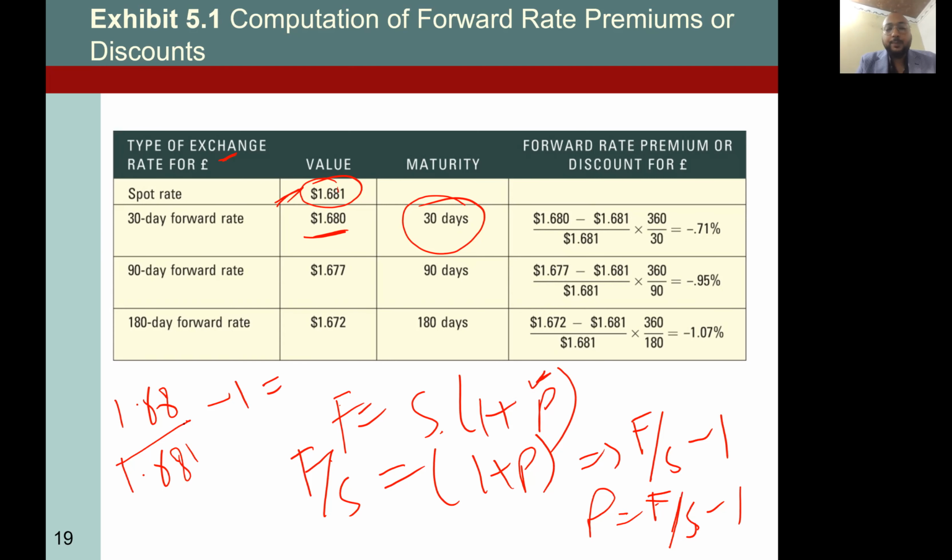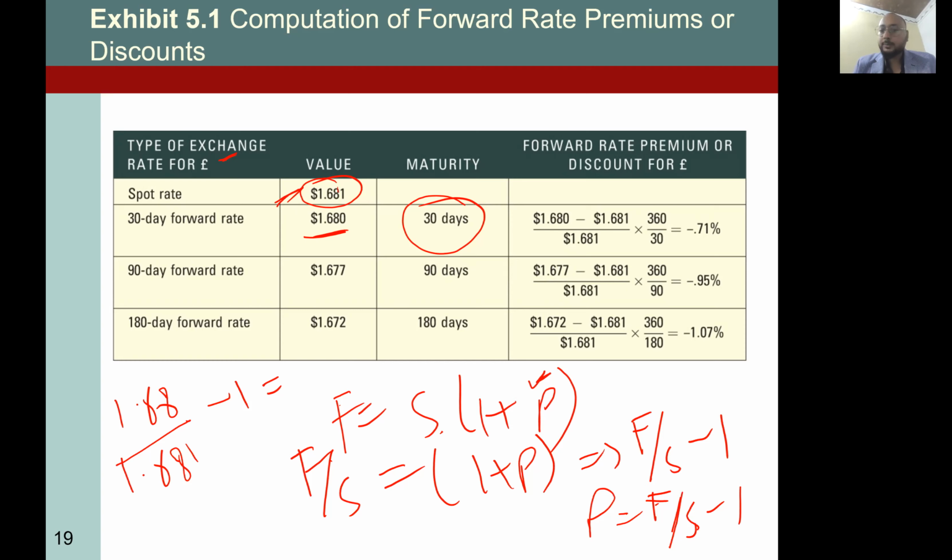If you solve it, the answer is going to be different, let me correct this. 1.68 divided by 1.681 minus 1.